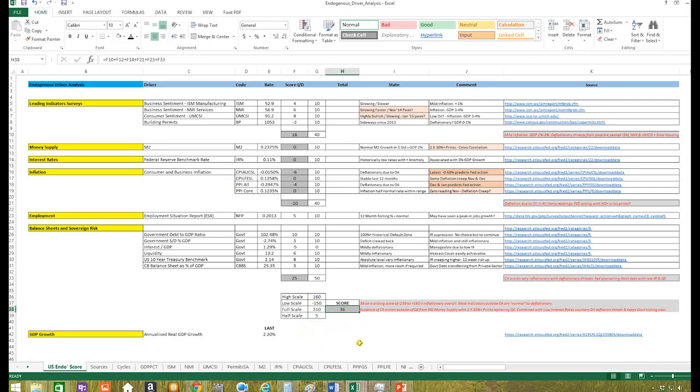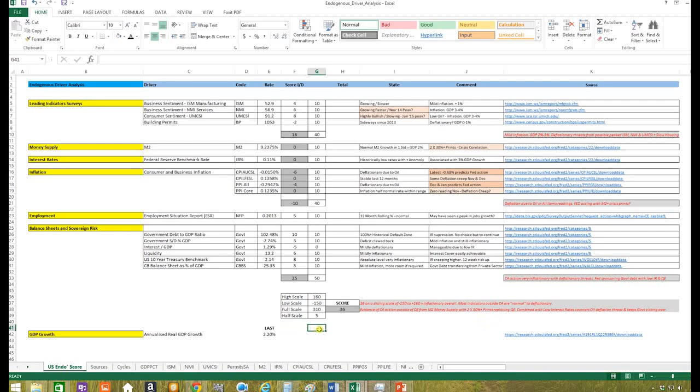Our overall score, if you recall, was 36, and we did a lot of qualitative analysis on each area of our drivers, and we got to the conclusion that 36 on a sliding scale of -150 to 160 was inflationary overall for the US dollar, and most indicators outside central authority drivers are normal to deflationary.